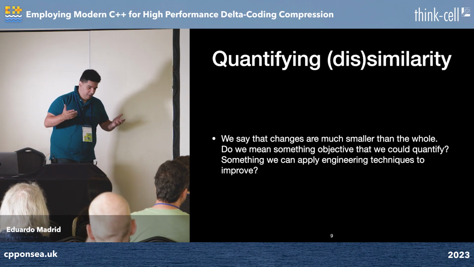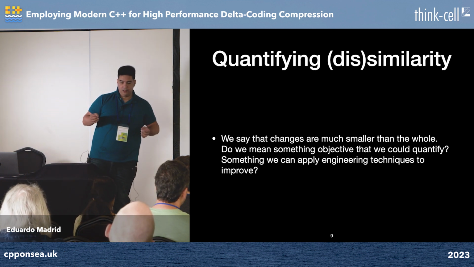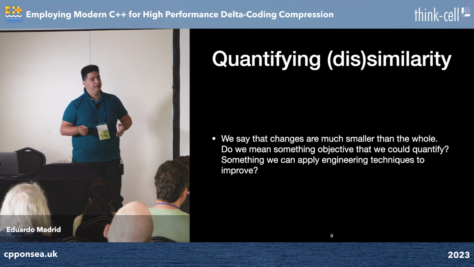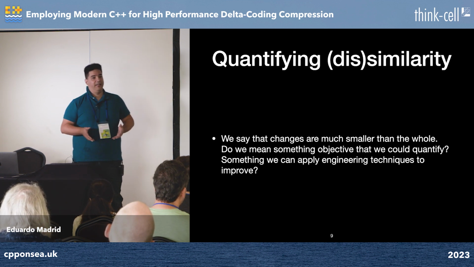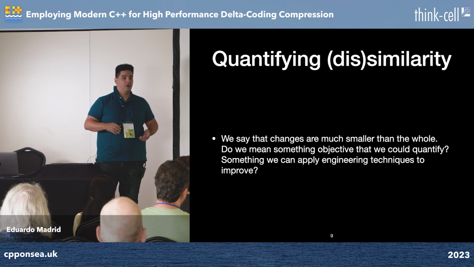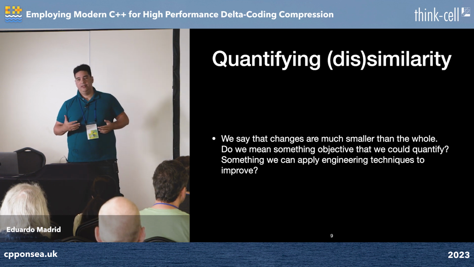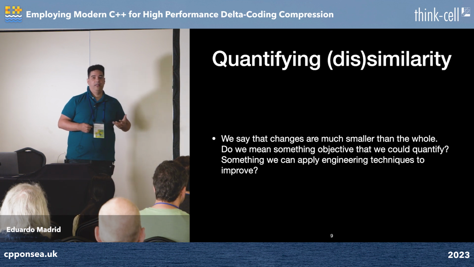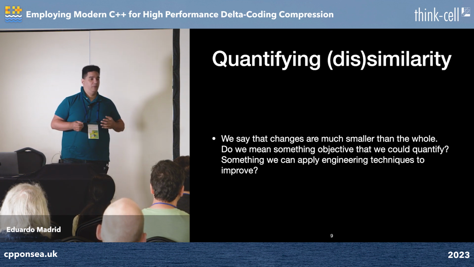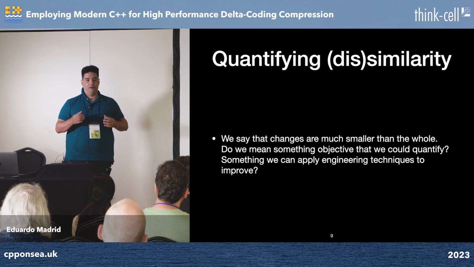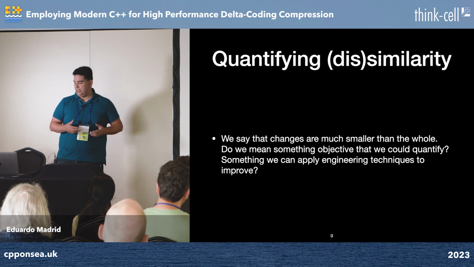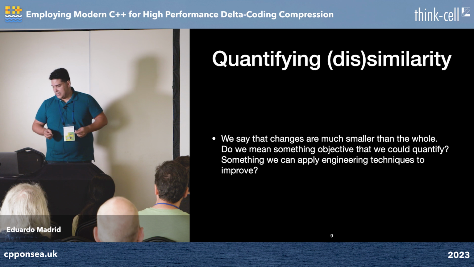Now, the key question that we have to ask ourselves is, how are we going to quantify either similarity or dissimilarity? Because now we need to enter the territory of quantifying things so that we can apply rigorous and useful engineering techniques to it.